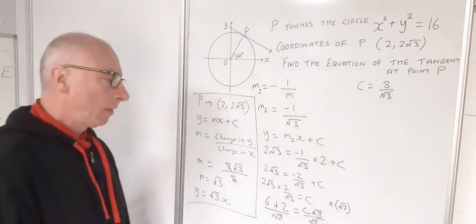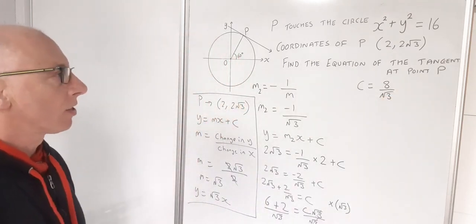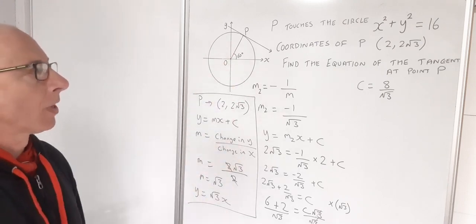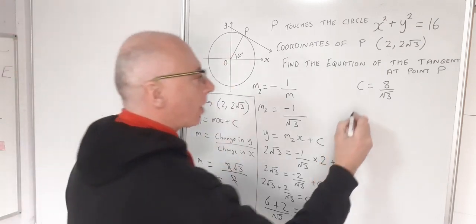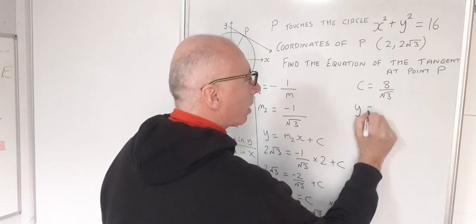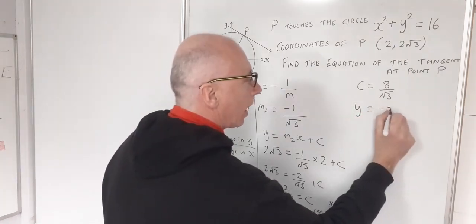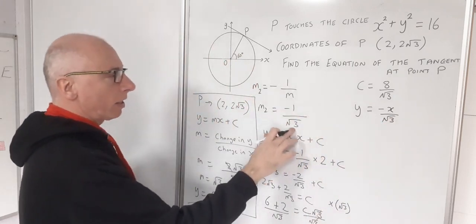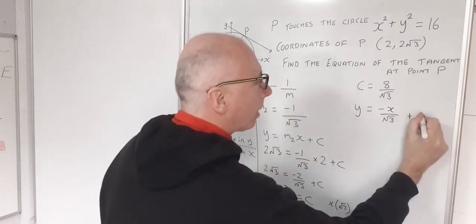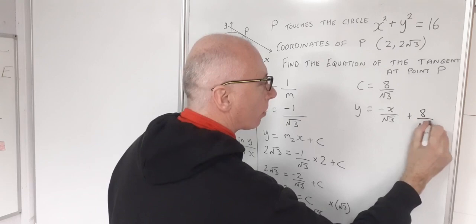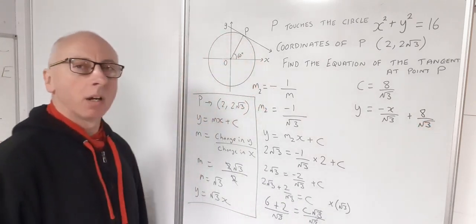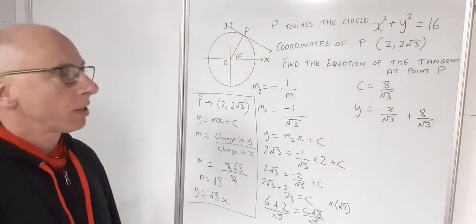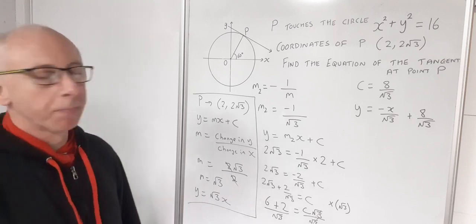So that's the first bit of information we've got there on our tangent line. Okay, so let's write that up. So y equals minus x over root 3. That's our gradient. And then we add 8 over root 3. Okay, right, let's get this equation into something that's a bit more digestible.